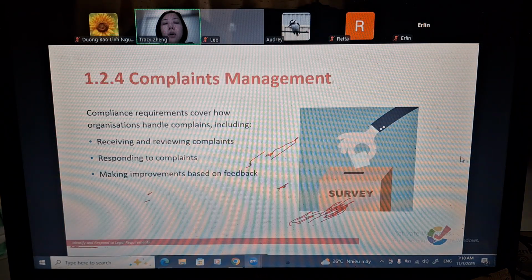The following legal and ethical requirements for all of us is complaints management. You may think, well, I'm not the management team, why do I need to know about complaints management? It's not only your employer's requirement, it's the same for staff as well.